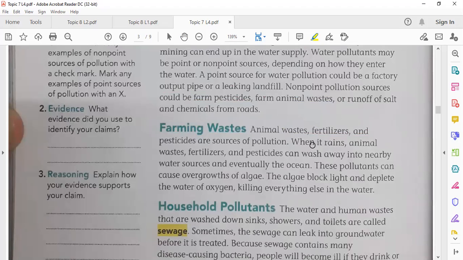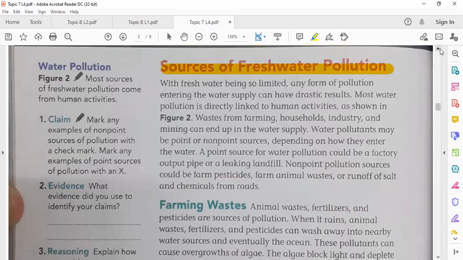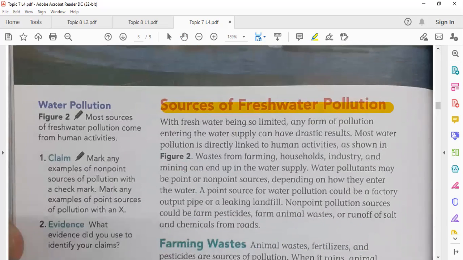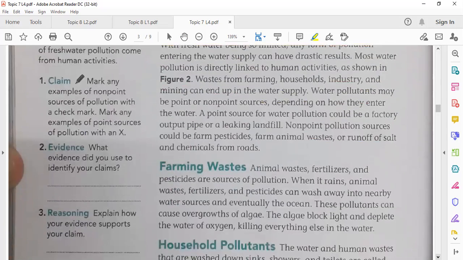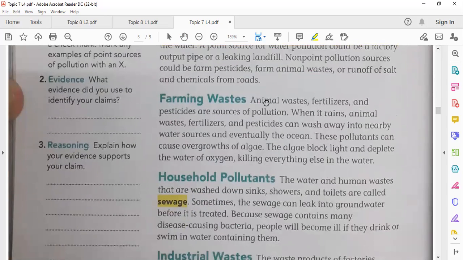Farming wastes can be a source of freshwater pollution. Farming wastes include animal wastes, fertilizers, and pesticides, all of these sources of pollution. When it rains, animal wastes, fertilizers, and pesticides can wash away into nearby water sources and eventually the ocean.